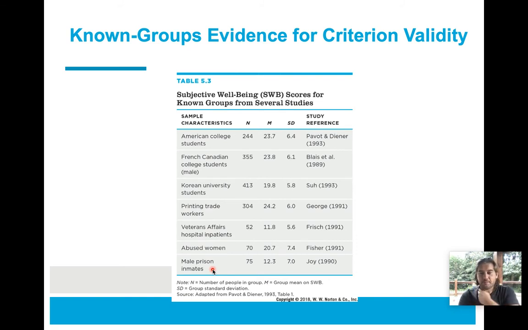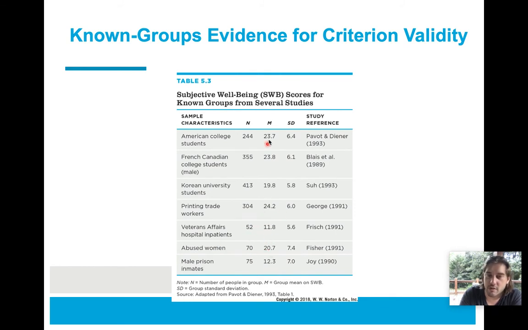So it would be reasonable to assume that some of these groups would score more highly than others on a true good measurement of subjective well-being. Right? If I'm actually measuring well-being, then we can reasonably assume that people in prison, abused women, and veterans who are inpatients in a hospital should all score lower.